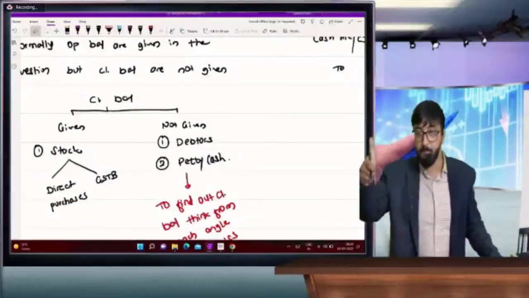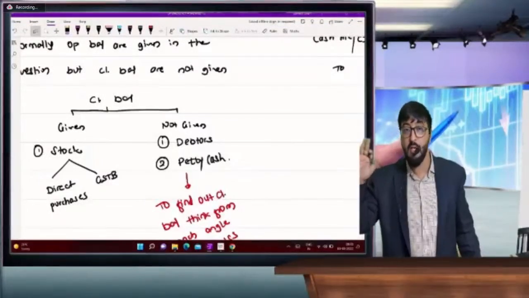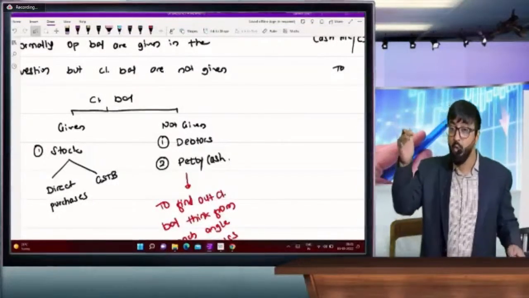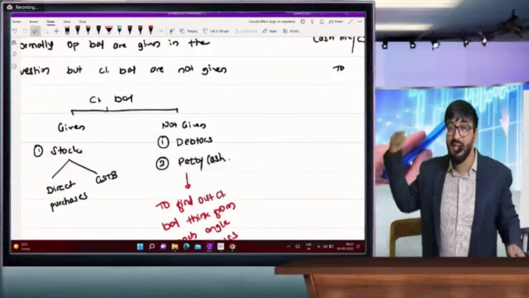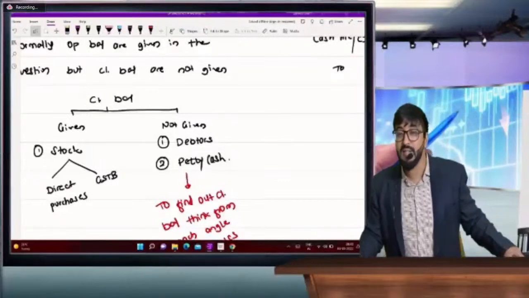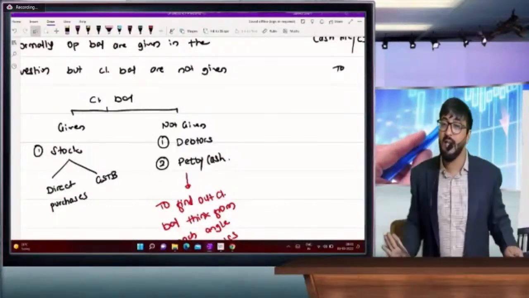Number one, write down the opening balance. First, open the branch account and write down the opening balance. After that, go transaction by transaction. You are not interested in branch transactions; you are interested only in HO transactions. So ultimately five entries are important.